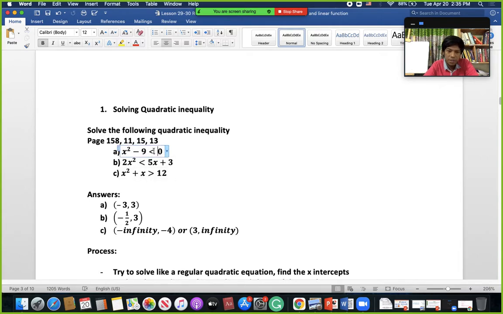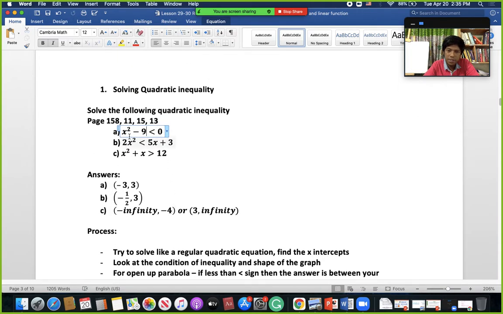If you see this inequality greater than or less than, then you know the solution will be within the first bracket, or this small bracket. If it is an equal to sign, then you have to use that large bracket, or third bracket, whichever you say. And the process is, first of all, we have to find the x-intercepts and think about which part of the graph is more than 0 or less than 0.